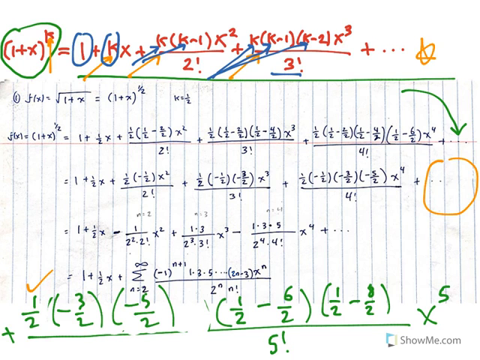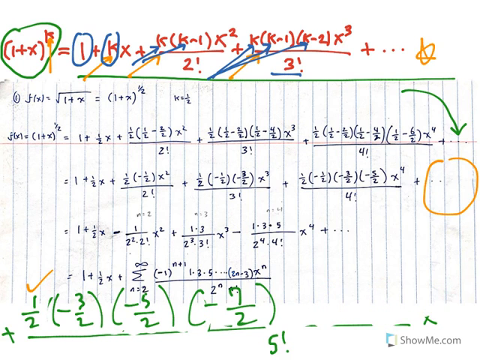And 1/2 minus 6/2 will be negative 5/2, that I already wrote. And then 1/2 minus 8/2 will be negative 7/2. So that's what we'll have, and that'll be 2. And then we'll have that divided by 5 factorial times x to the fifth.